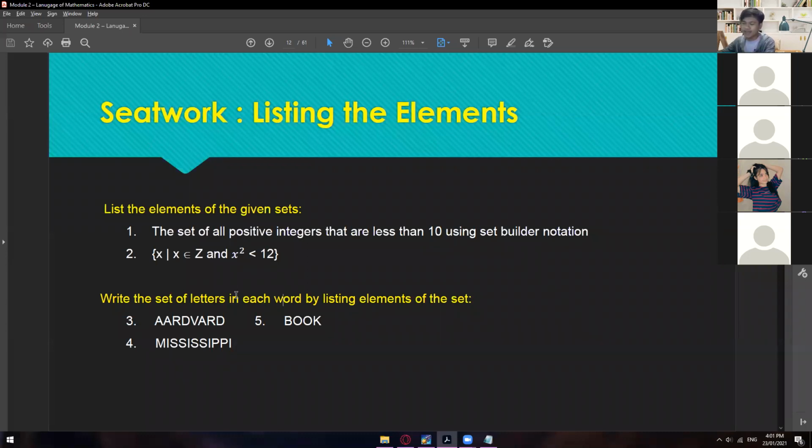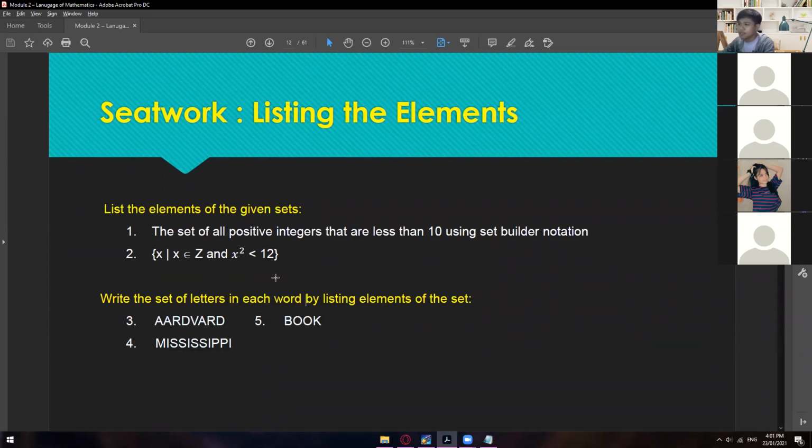So you already know what to do for number 3, 4, and 5. Since there is no indicated name of that set, just put this inside a curly bracket. You don't need to put a name or variable name for that set.